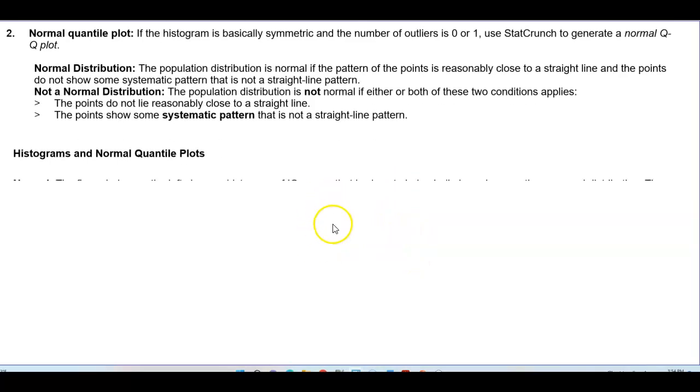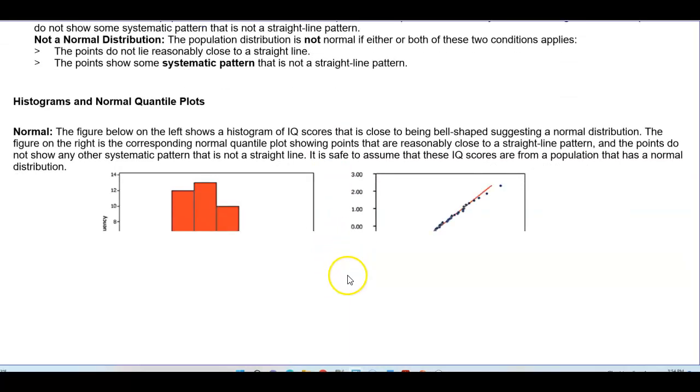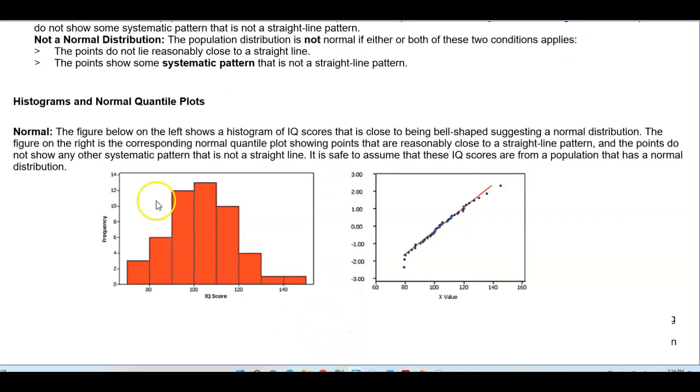Histograms and normal quantile plots. If we take a look at the figures here, for a normal quantile plot, the figure below on the left shows a histogram of IQ scores that is close to bell-shaped, suggesting a normal distribution.